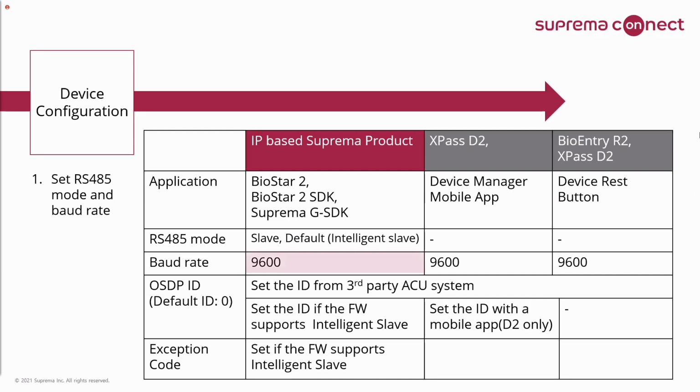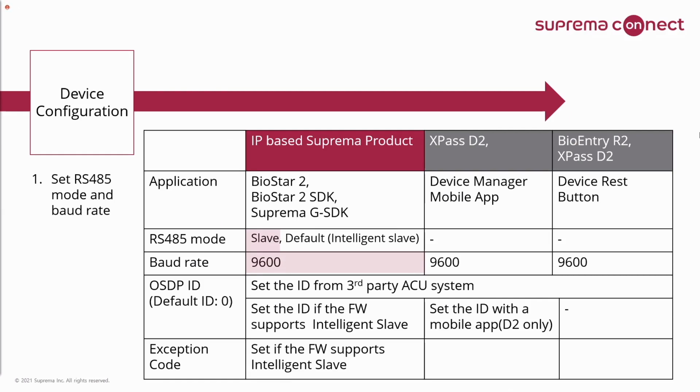When using an intelligent slave, only baud rate needs to be set to 9600. When using a general slave device, you must set the RS485 mode to slave. Please note that the available setting method differs depending on the type of the Suprema product.